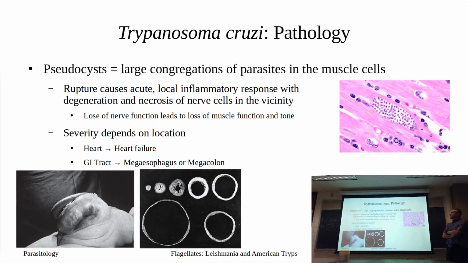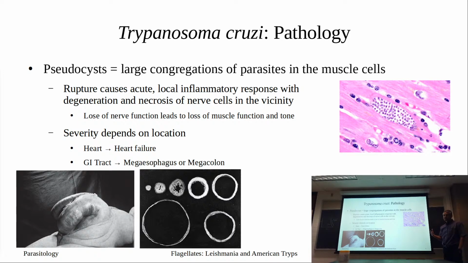So what we see is that you tend to get more parasites, more amastigotes, in the cell before it ruptures than if it's in a macrophage. That congregation of parasites is called a pseudocyst. You could say it's a cyst, but cyst implies that it has some sort of cell wall or thick outer covering.